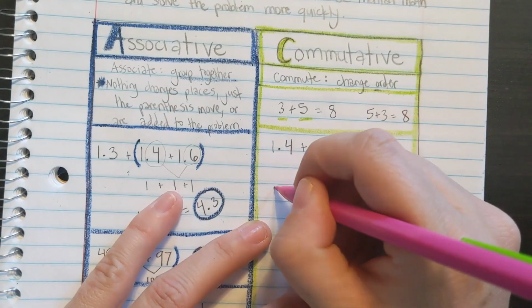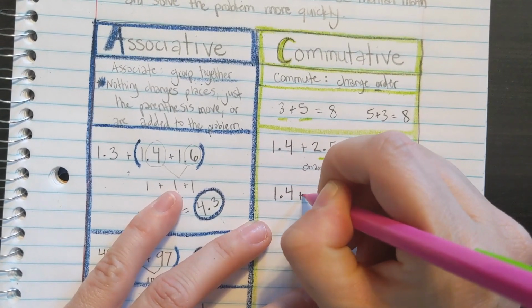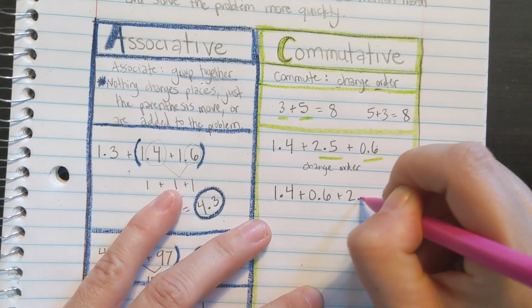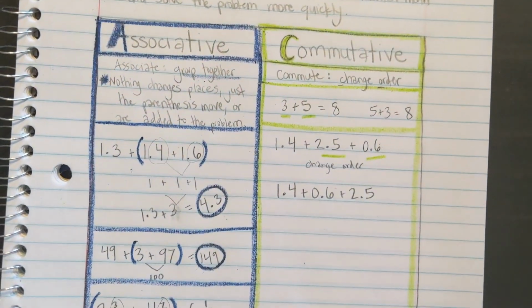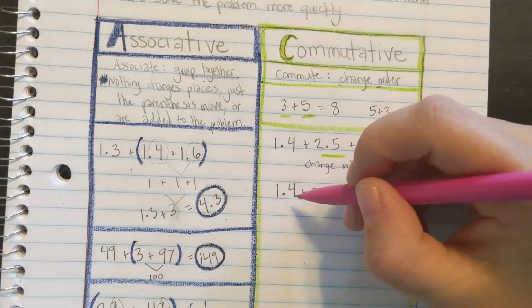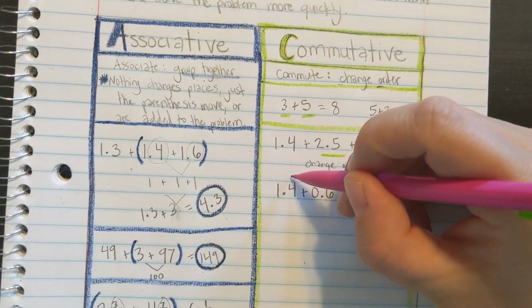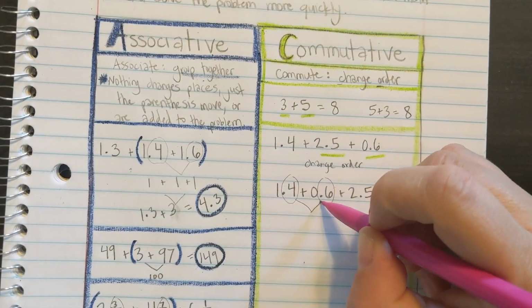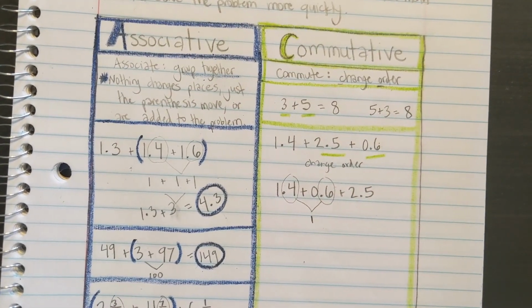So I'm going to keep the 1.4 and then I'm going to put the 0.6, then the 2.5. And the reason why I want to do that is so that I can just quickly work left to right, or I can go, okay, 0.4 and 0.6, those make one whole.